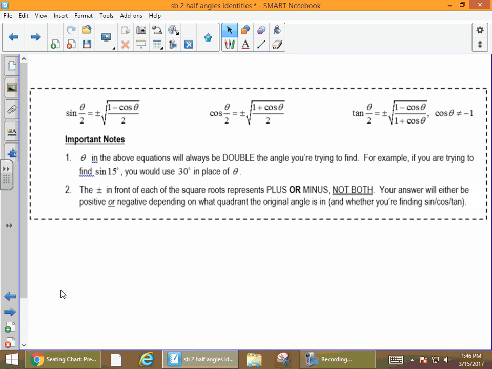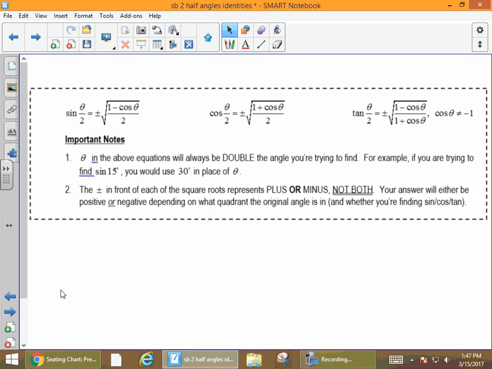On tangent, you can't have cosine of theta equal to -1. Do you know why we can't have cosine as -1 for tangent? You can't take the square root of a negative, but we want to get a negative on top. If we had -1 in the denominator, it'd be 1 plus -1, which is 0, and we can't divide by 0.